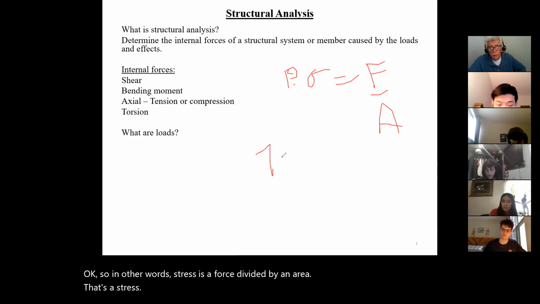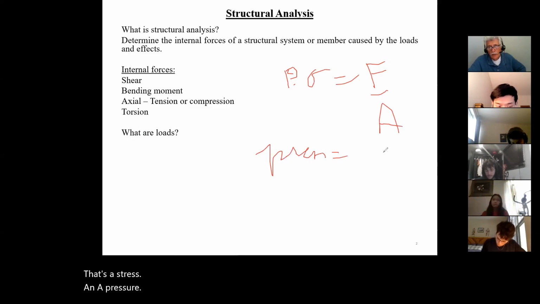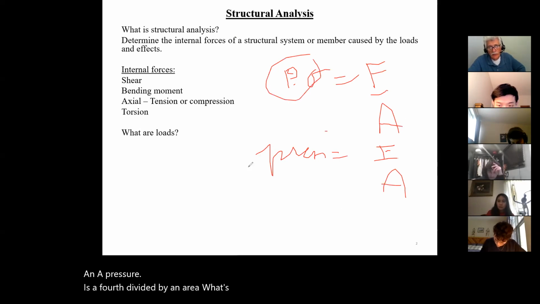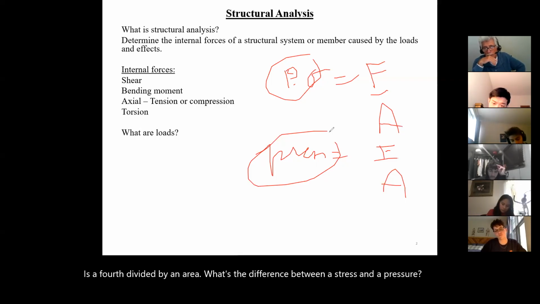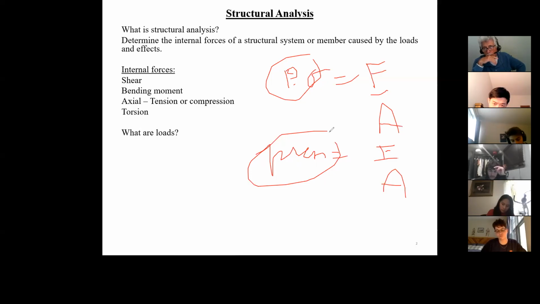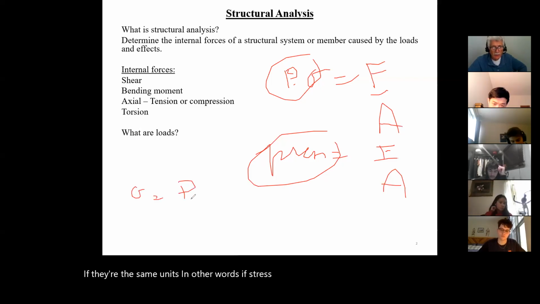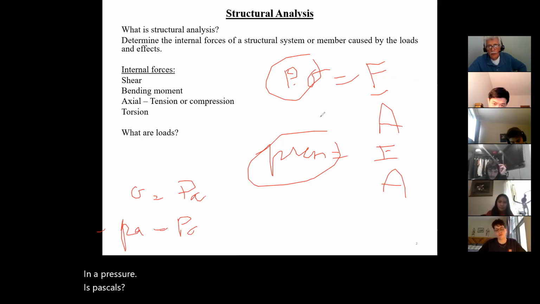And a pressure is a force divided by an area. What's the difference between a stress and a pressure? If they're the same units, in other words, if stress is pascals and a pressure is pascals, what makes one different from the other? Why aren't they the same?